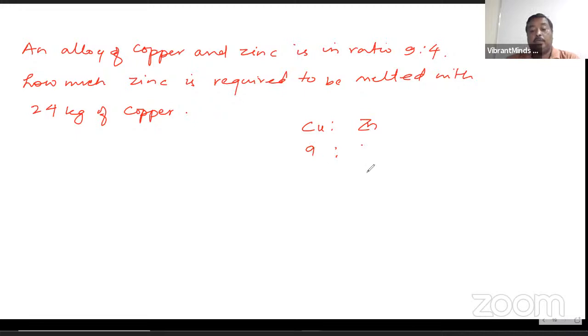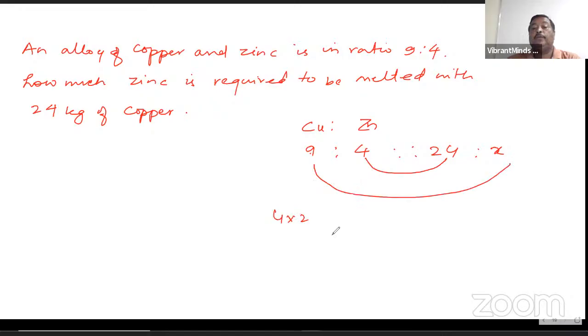So copper and zinc, the ratio is 9:4. And copper is 24. So how much zinc is required? I don't know. So it will be 4 into 24 is equal to 9 into x. Let's cancel it, 3 times and 3 times, and we have 8.